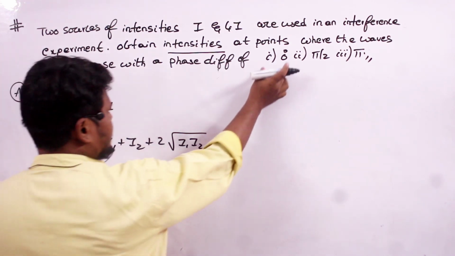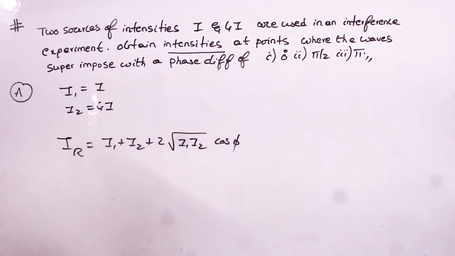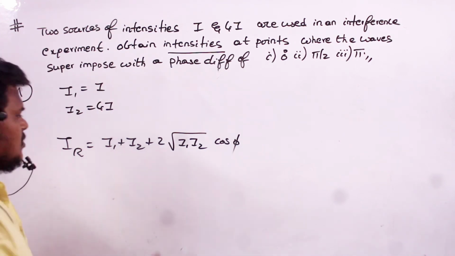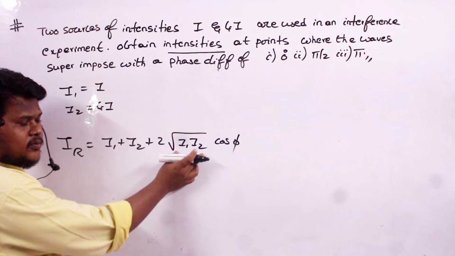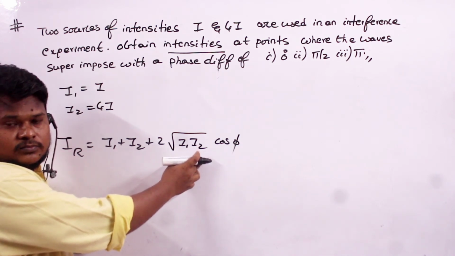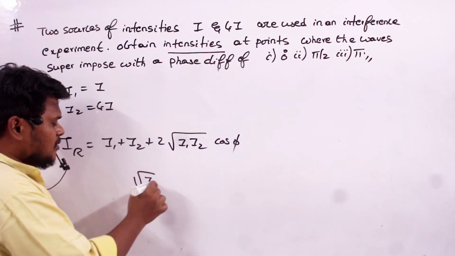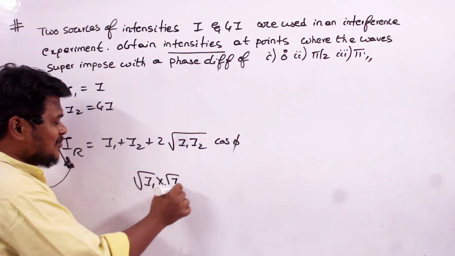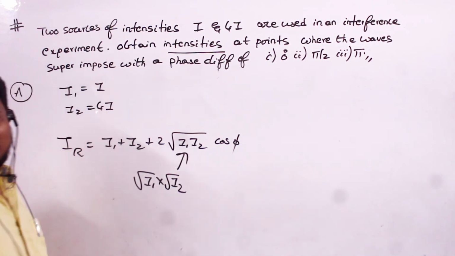So what is the first one he is asking? 0. Two into root of I1 I2. Root I1 into root I2 can also be written like this.